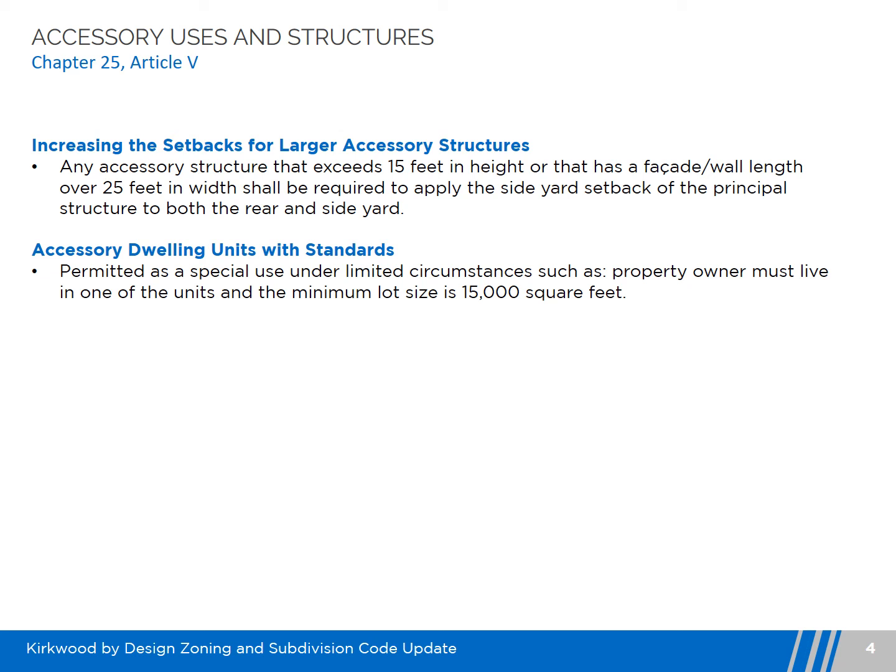So if you've got an existing garage or an existing pool house that is 5 feet from the property lines, but you want to do an accessory dwelling unit, you can't just convert that. You would have to tear it down and push it in to meet the setbacks. So existing buildings cannot be used if they don't meet these particular standards.